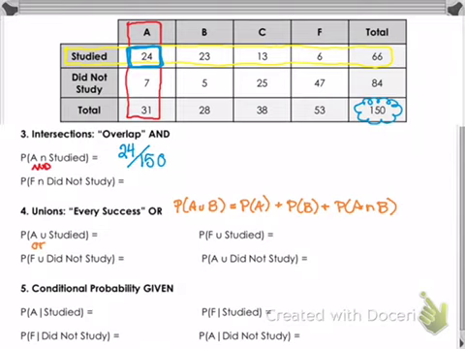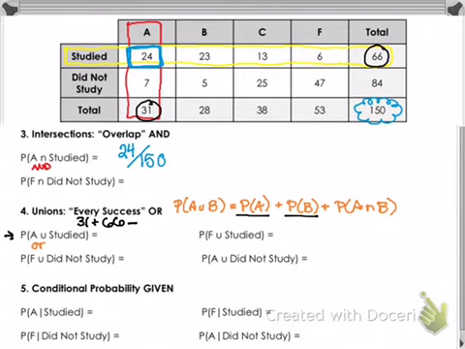So let's take a look here. If we are doing the probability of A or studied, we first need the probability of A. So our A total here was 31. So it'll be 31 plus the probability of B, which is studied. So studied total was 66. So 31 plus 66.